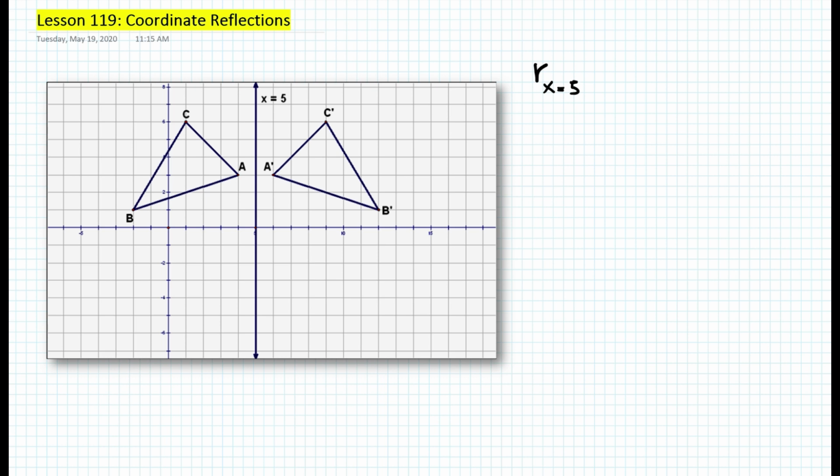So you write r sub x equal to 5, and now you write the first point. So in this case, the first point is actually coordinates (4, 3). Okay, so this becomes equals to, and now the points here are going to be what? (6, 3).